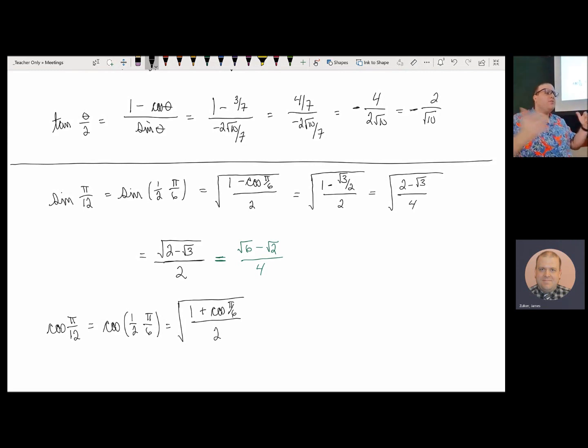Cosine of pi over 12, same thing, right? Just say pi over 12 is a half of pi over 6. Still in quadrant 1, meaning cosine is positive.